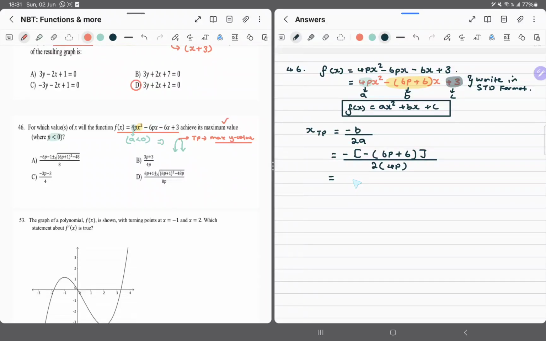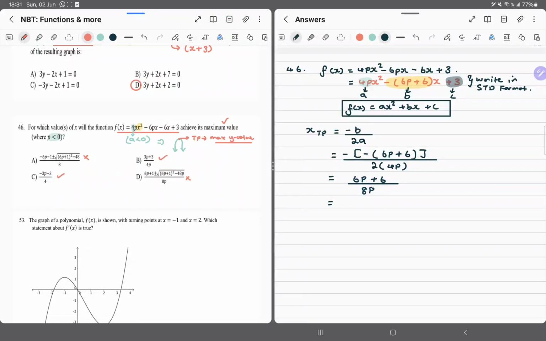Distribute that negative, we literally have 6p plus 6 over 8p. Now, question is, do we have that here? Well, in those options, not. But we can see the probable candidates are those two, because these ones are already suggesting we are looking for the roots.